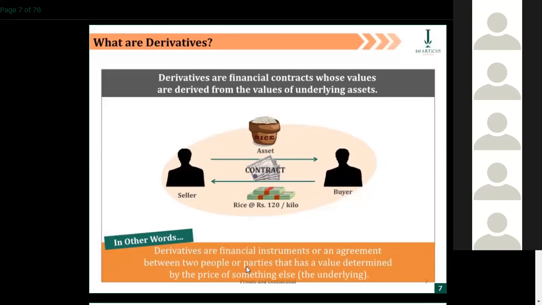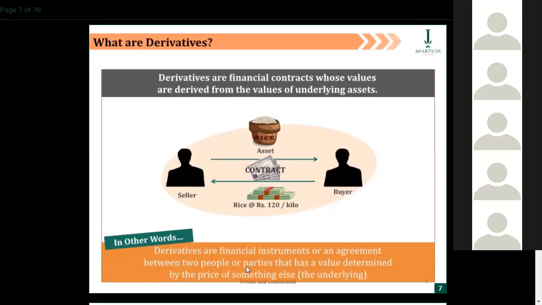The same is true when the price goes down to 100 rupees: the seller would be happy that he has done a good deal, because if the price becomes 100 rupees per kilo later at t equal to 90, the seller would think he did a good job by signing this contract in the beginning, because now the price has gone down, and he would have incurred losses if he had not done this kind of contract earlier with the buyer.